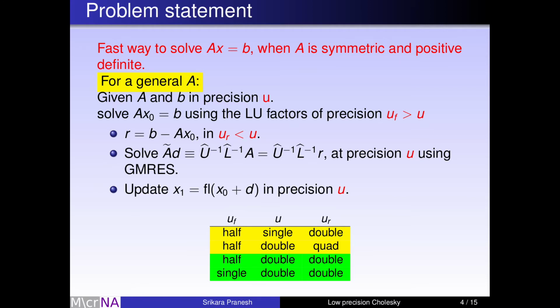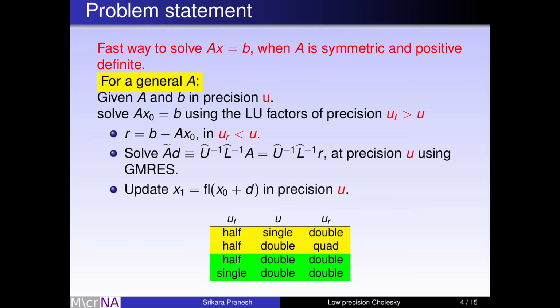So if the number of steps required to refine your solution to the required quality is small, then most of the work is done in low precision itself, and you can get enormous speedups. This has in fact been demonstrated by work from Jack's group, where they showed that this algorithm is 4 times faster than the state-of-the-art pure double precision solver, and moreover, it is 80% more energy efficient as well.